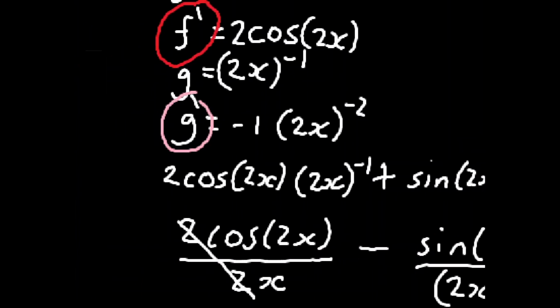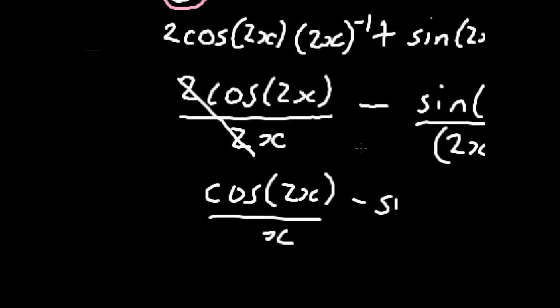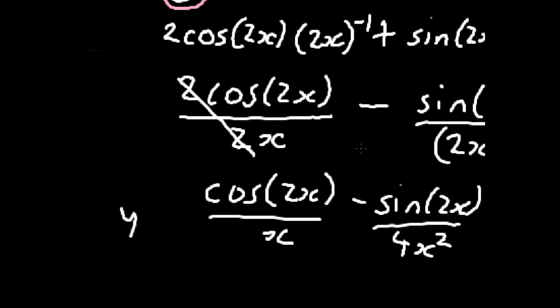So let's go one step further and simplify this for the last step to say this will be cos 2x over x minus sine 2x over 4x squared. And that's it. That is our final answer.